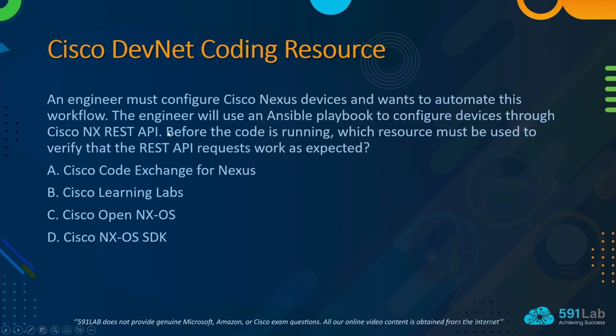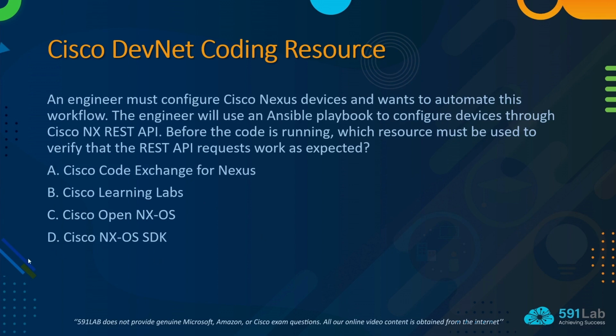As the question described, before the code is running, that means this engineer writes some code and is not running it on any device. I think it is easier to test code on the Cisco Learning Labs than the real Nexus device. Just for testing method, Cisco Learning Labs is a better choice. So answer B is better than answer C.